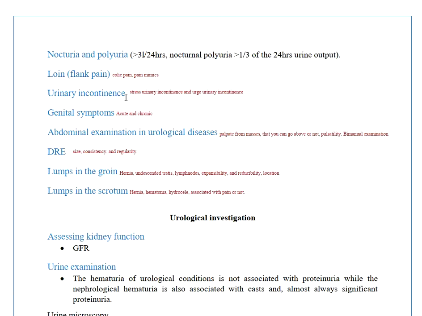So there is also a mixed form of both stress urinary incontinence and urge urinary incontinence. So we'll be going through all of these.